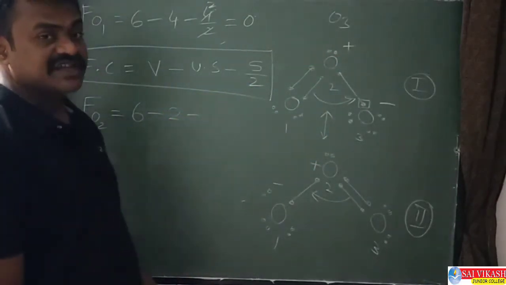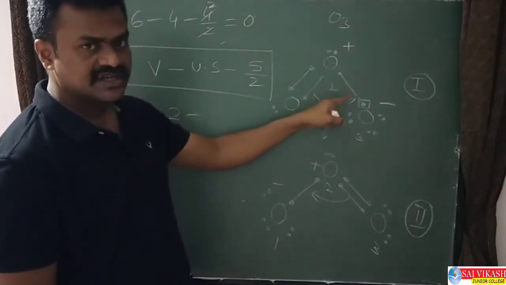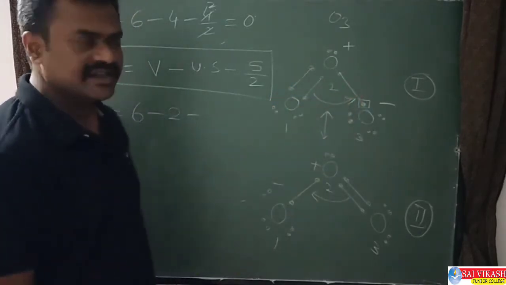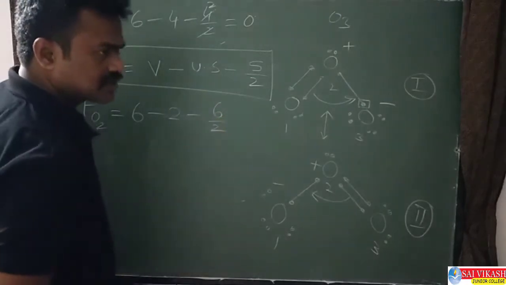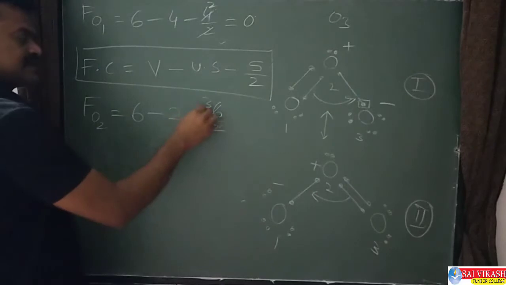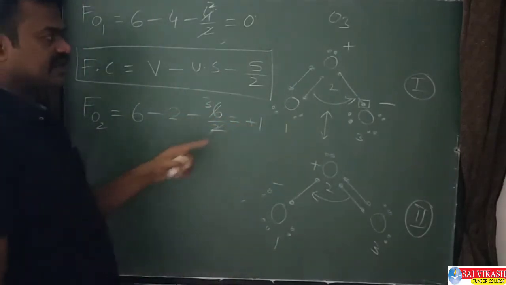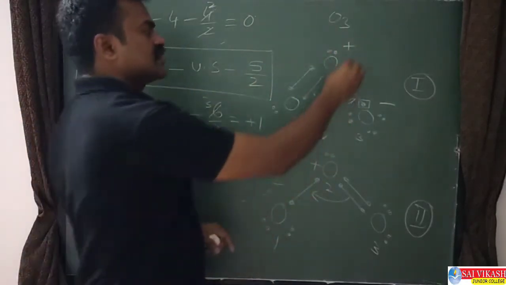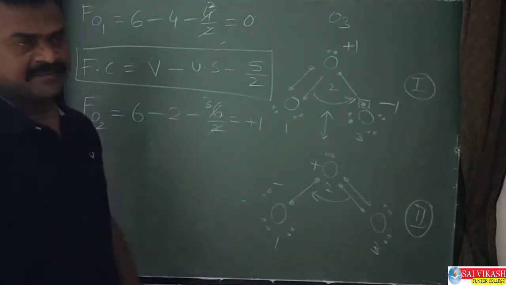Minus the number of shared, this is shared, and this is also shared: 1, 2, 3, 4, 5, 6 shared electrons. So 6 shared electrons divided by 2 is 3. So 6 minus 5 is plus 1. Yes, oxygen 2 has a positive charge, meaning plus 1 will come here, and here minus 1 will come as the formal charge.